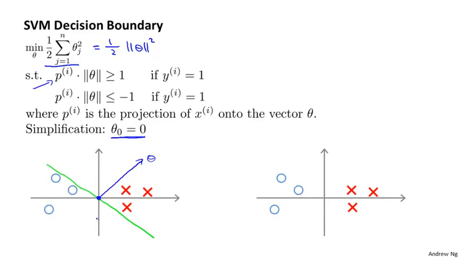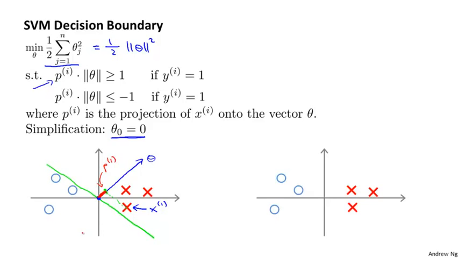So now let's look at what this implies for the optimization objective. Let's say that this example here is my first example, x1. If we look at the projection of this example onto my parameter theta, that's the projection. And so that little red line segment is equal to P1. And that's going to be pretty small, right?